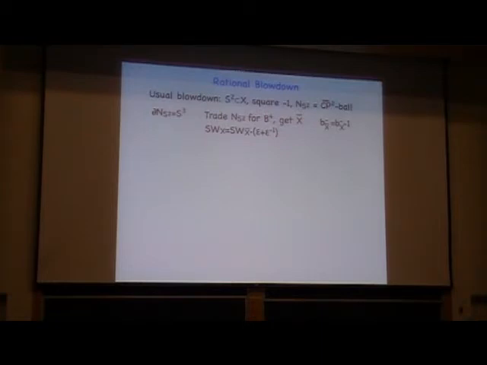And in fact, there's a formula that says that the Seiberg-Witten invariant of X, which is the blown up manifold, is the Seiberg-Witten invariant of X bar times epsilon plus epsilon inverse, where epsilon is represented by the class of this two-sphere of self-intersection -1. So here's another way to read this formula.